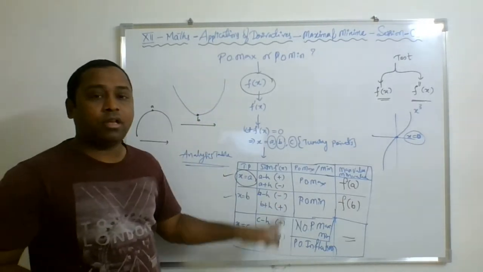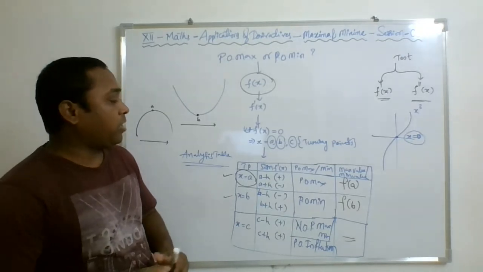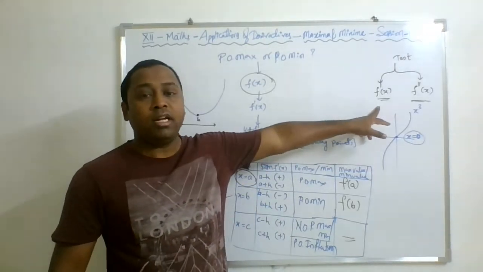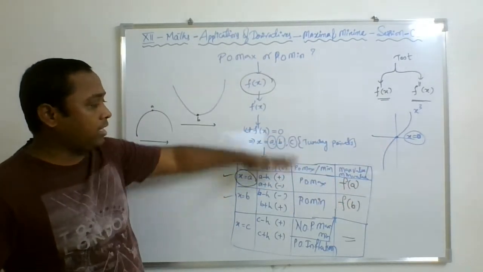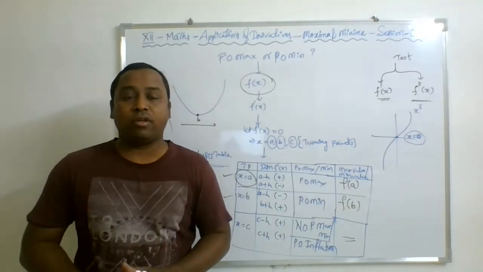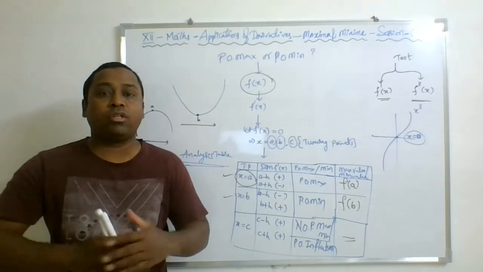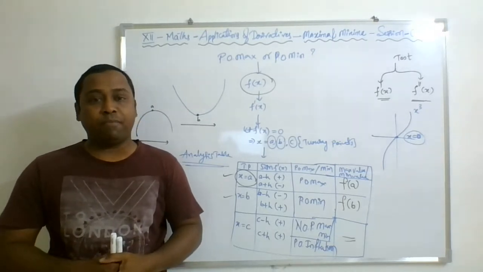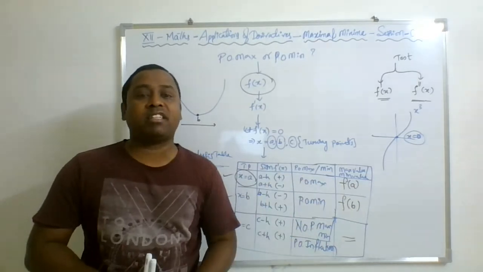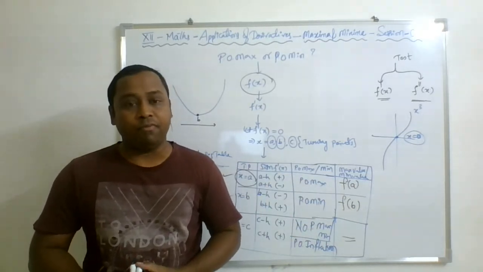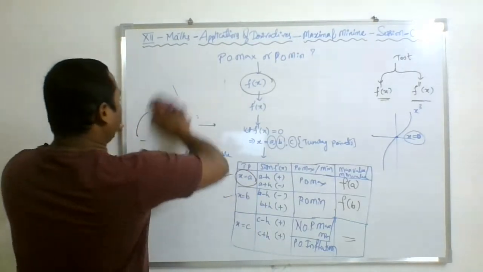That is what the analysis table gives you. This method is called the first order derivative test. Just by following this method, now we are going to understand two questions where you will see the methodology to find the point of minima and maxima, and if possible we will also find the maximum value and minimum value. Okay, let's have the question on this.